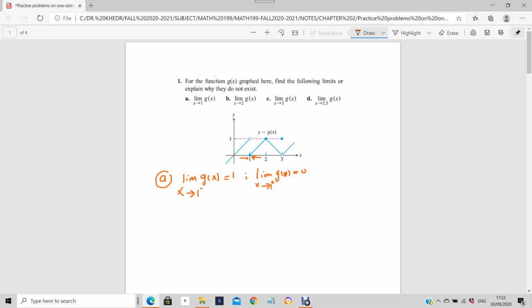Since the right side limit and the left side limit are not equivalent, we will say the limit of g of x as x goes to 1 does not exist.